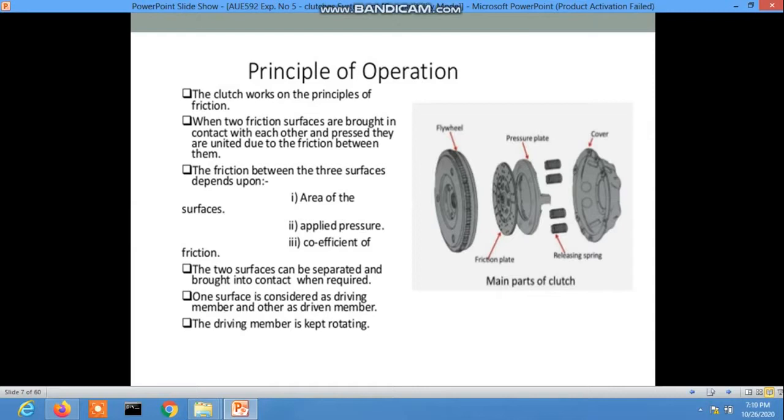So those three parameters are required. The two surfaces can be separated and brought into contact when required. One surface is considered as the driving member and the other is the driven member. The driving member is kept rotating.